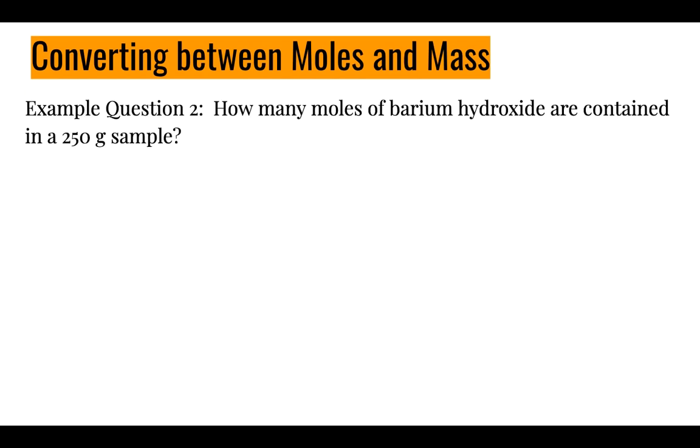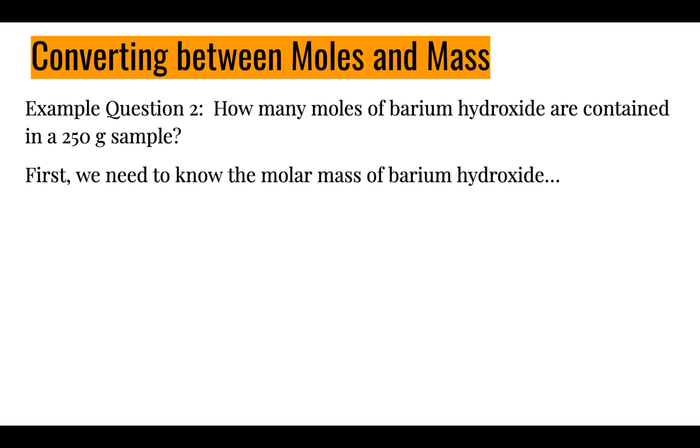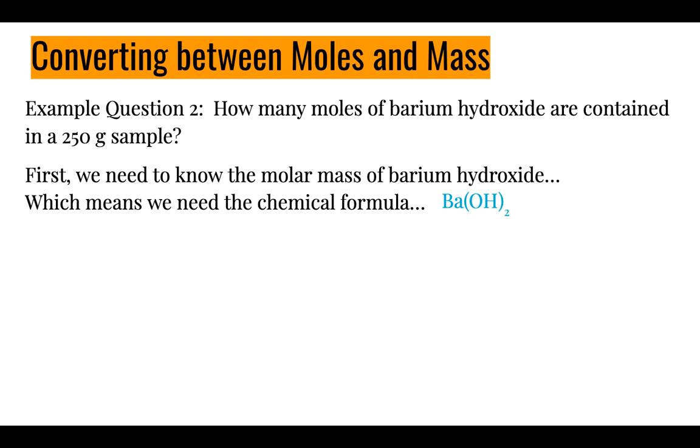Next example: how many moles of barium hydroxide are contained in a 250 gram sample? When you see that you have moles and mass in the question, that means you're going to need the molar mass. So we need to figure out the molar mass of barium hydroxide. Before we can do that, we need the chemical formula for barium hydroxide, which looks like this.